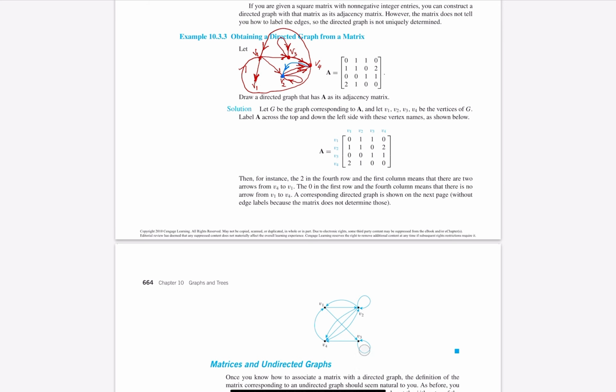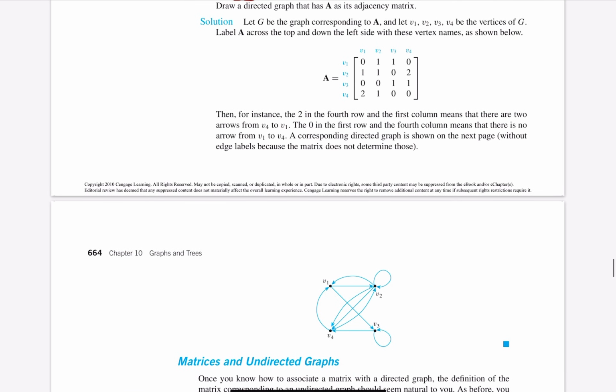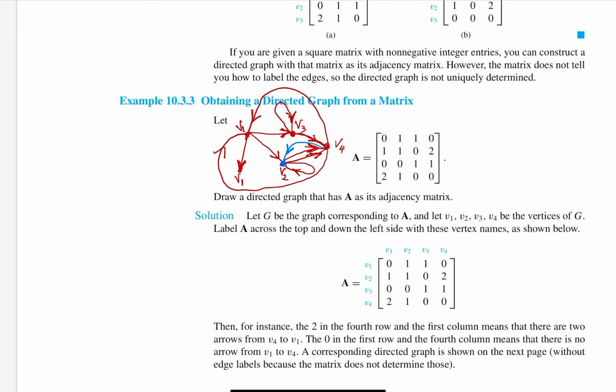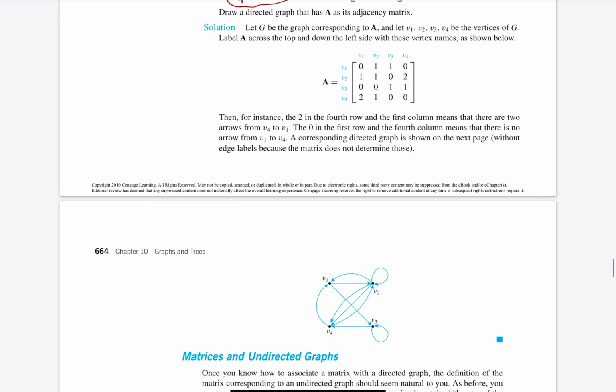Same thing here. See, at V3 we have a loop, and at V2 we have a loop. Exactly, we get here V2, V3, and at V4 it's right here. We have one arrow going in the opposite direction, and the arrows converge.